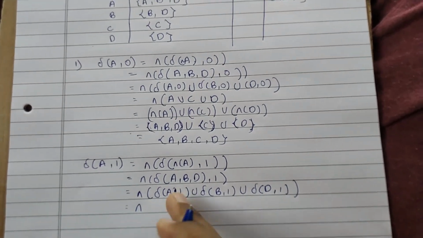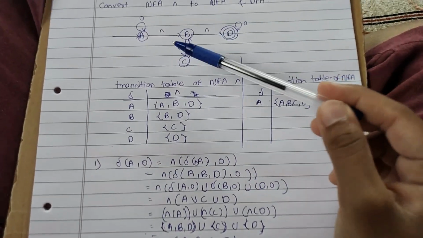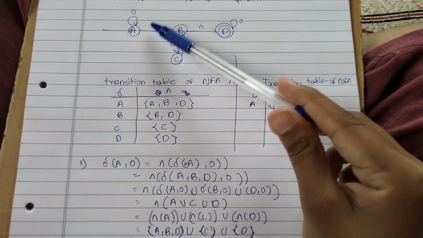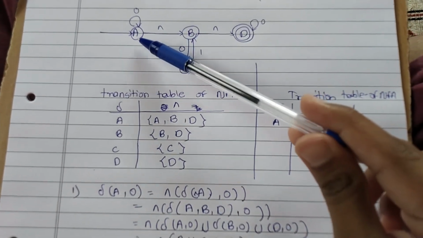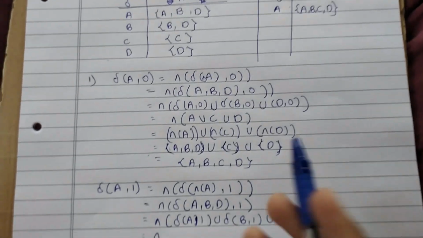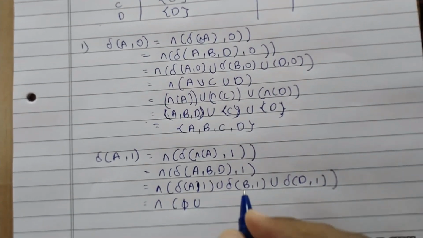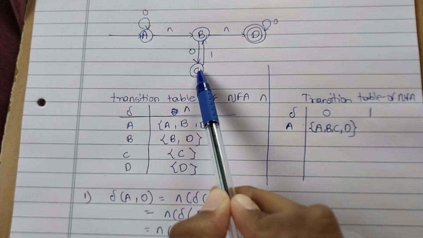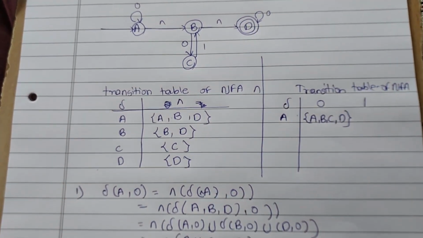Now the null value of A, 1. A reads 1, nothing. This is empty, so null of A, 1 is the null phi value, the empty phi. Union B, 1: B reads 1 in no state. Here is also null value phi.